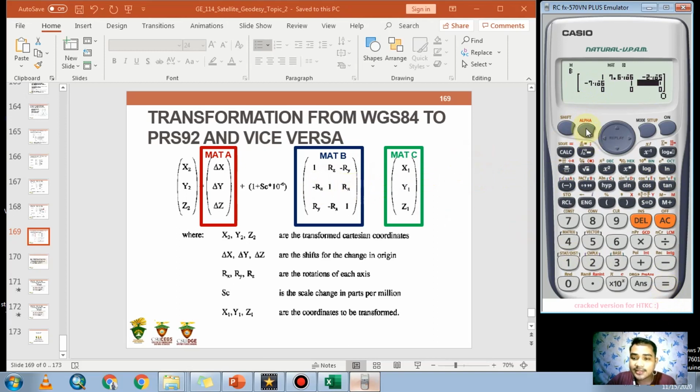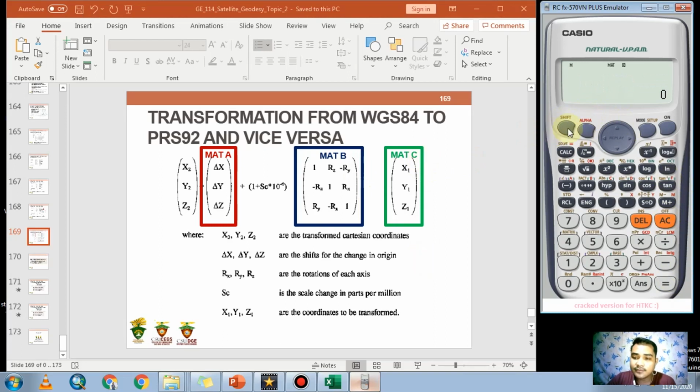Si RX is naa sa memory D. No? Then RY naa sa memory E. Then negative RX is naa sa memory D. Last is 1. Okay? Then AC. Again, ayaw siya i-on. Do not ever press on kay mawala to tanan ang imong datos. AC lang. AC. Next is ang matrix C.